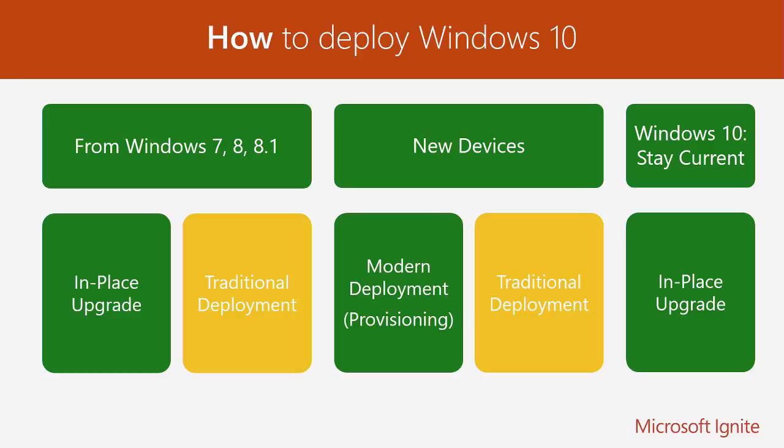You can do a traditional image-based deployment, wipe and load style, but that is going to be more work because it's then the responsibility of that process to reinstall apps, re-inject drivers, and to do the type of configuration that we're talking about here today. If we're talking about brand new PCs, our goal is to get to the point where we can deploy a brand new PC that comes with Windows 10 on it without immediately wiping Windows 10 off of it and laying down a new custom image.